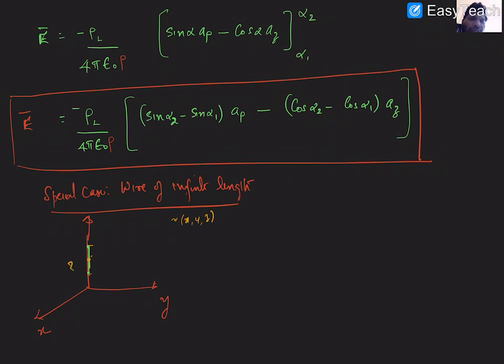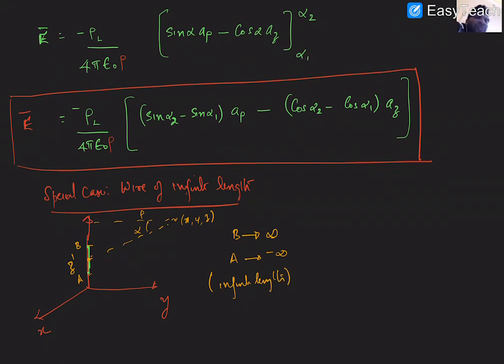Okay, I will just show only the point at z dash. So at z dash, this is my rho and this is my angle alpha. Now suppose my point B and A is as shown here. Suppose B tends to infinity and A tends to minus infinity. In such a situation, the wire will become infinite length.